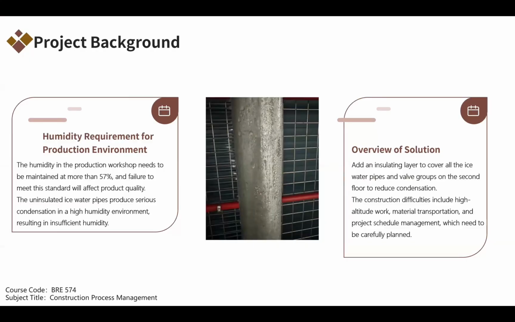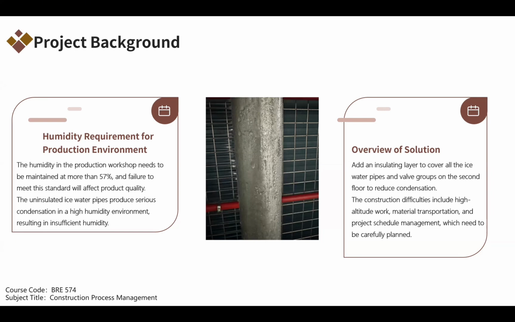My name is Zhongxiang, and our project background is that the humidity in the production workshop needs to be maintained at more than 70%. You can see the picture in the middle. Failure to meet these standards will affect product quality. The ice water pipes will produce serious condensation in a high humidity environment, which will result in insufficient humidity.